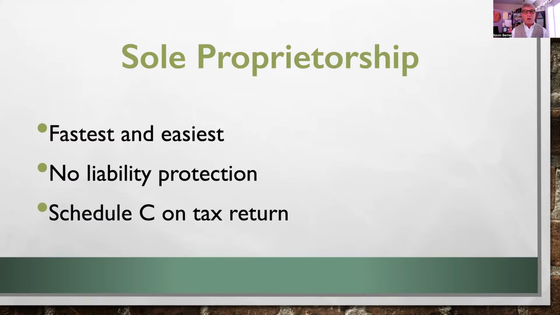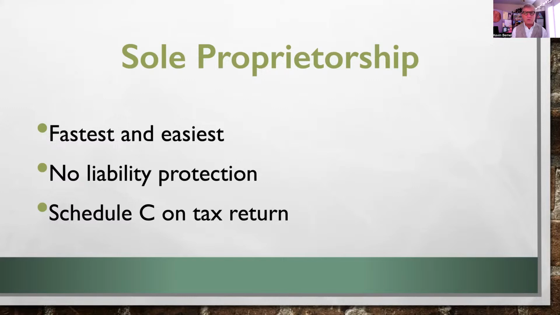In fact, in some businesses, real estate appraisal, financial services, it's crucial to have E&O insurance or professional liability insurance. But in that case, it's the insurance that's helping protect your assets. The entity itself gives you no liability protection, because it's still just you. It's not separate from you.